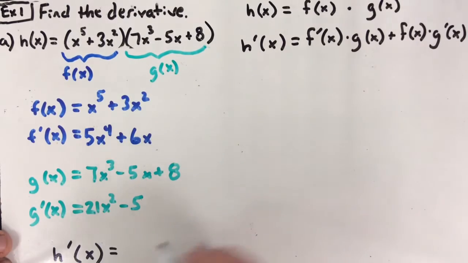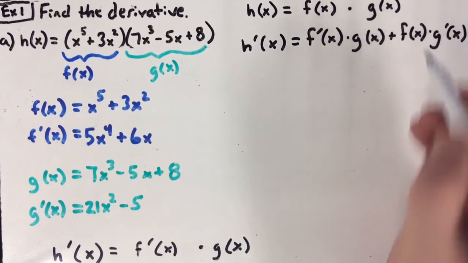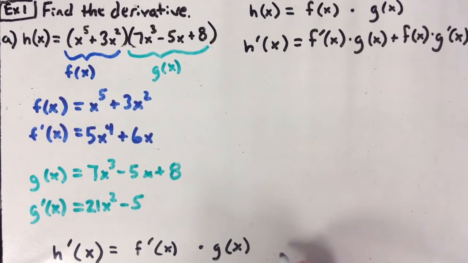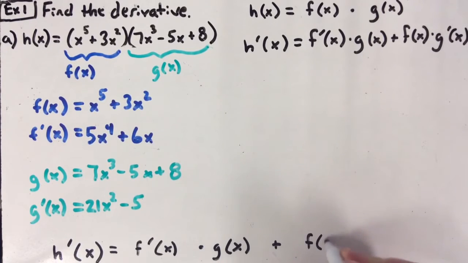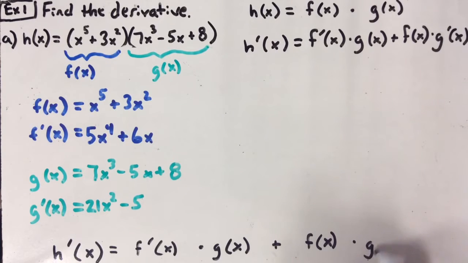So the first part of this is f prime of x, and we're going to multiply that by g of x. And then we have that addition symbol that's there. Let me spread that out a little bit. And then we have function f, so I'm going to put f of x here, and then times the derivative of function g.